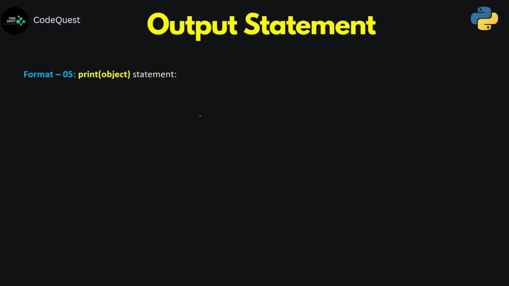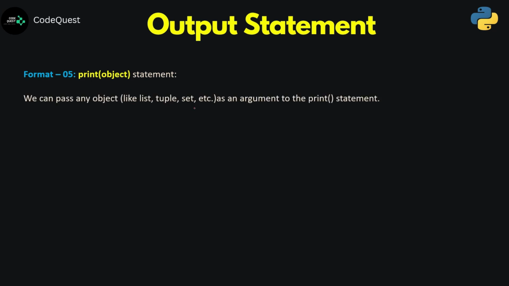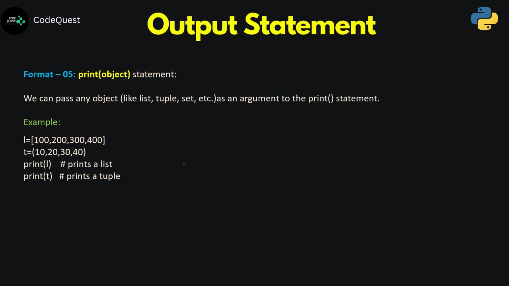Now the next format: print can be used in order to print an object. Here the object could be either a list or a tuple or a set, which can be passed as an argument to the print function so that it can print all the elements present inside it. For example, here we have taken a list of elements holding 100, 200, 300, 400.